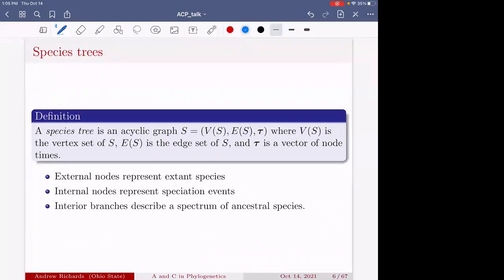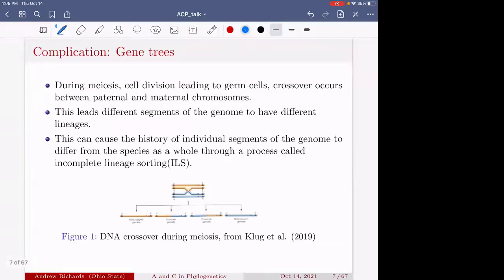The complication with this picture is that for various reasons, such as crossover during meiosis, incomplete lineage sorting, gene duplication and loss, and horizontal gene transfer, particular parts of the genome may have different histories from other parts of the genome and from the species tree as a whole.